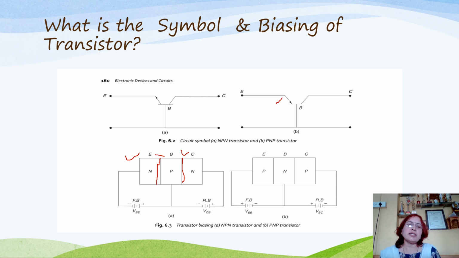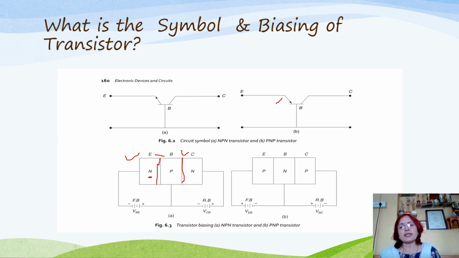So one can see here, frequently the connection is like this. Emitter base junction is always forward biased and collector base junction is reverse biased. So here emitter is N-type material. So this N-type emitter is connected to the negative terminal of battery and P-type terminal is connected to the positive terminal of battery, and therefore emitter base junction is forward biased. Now see the biasing of collector base junction.